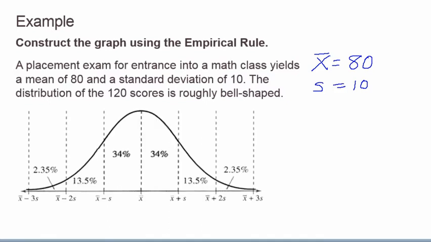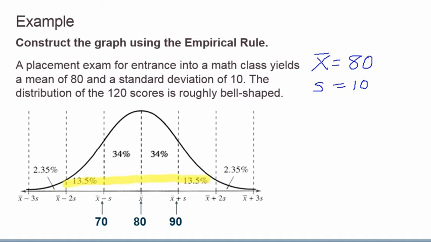Looking at our graph of the empirical rule, 68% of our data lies within one standard deviation of the mean. If our mean is 80, then 80 plus 10 would give us 90, and 80 minus 10 gives us 70.